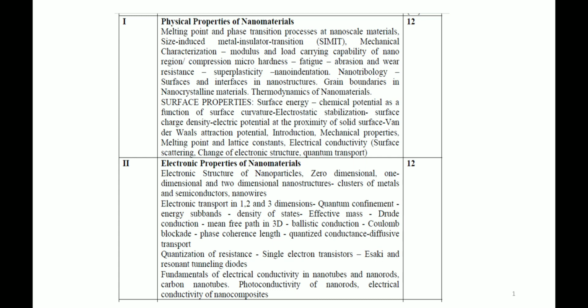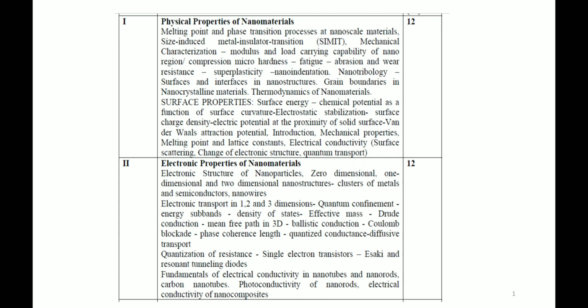Then there is one more effect called the Coulomb blockade, then phase coherence length, quantized conductance, diffusive transport, and quantization of resistance. A particular example of quantization of resistance we are going to see is the single electron transistor. And then we have additional diodes like the Esaki diode and the resonant tunneling diode.